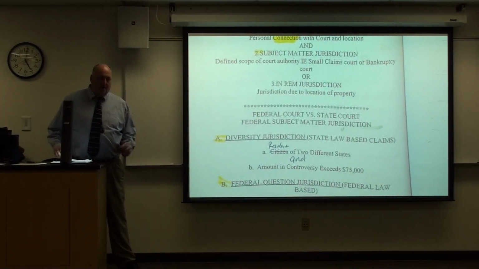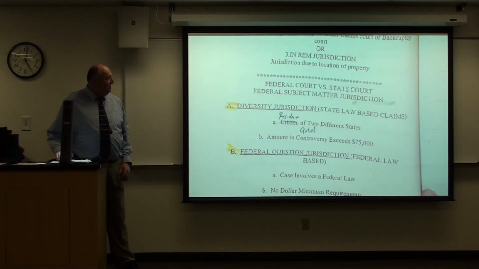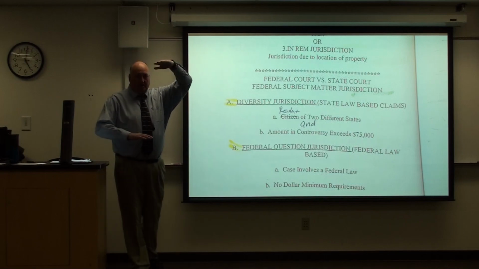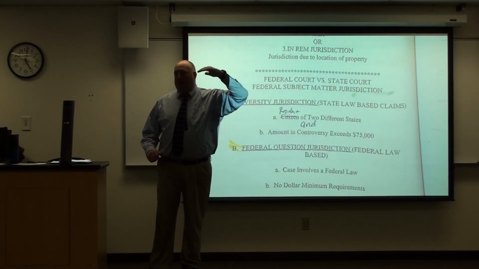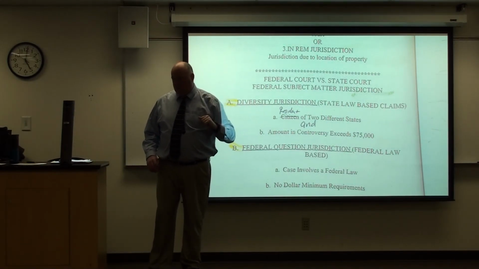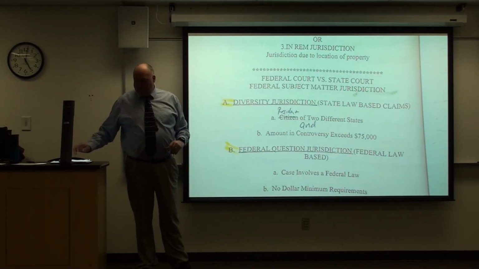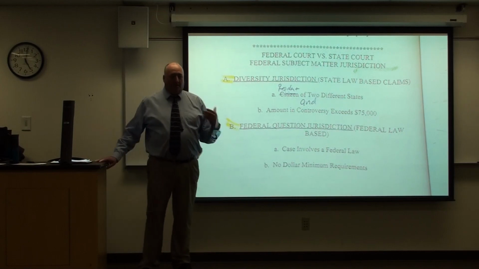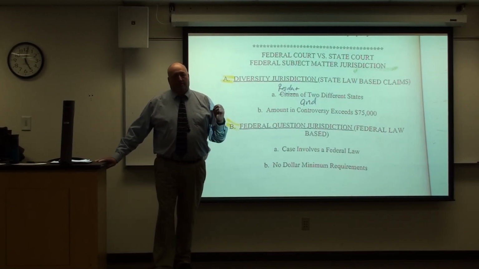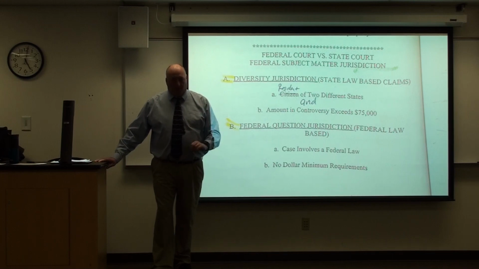All right, now it's going to get more complex. Remember, we have federal and state. So now the question is federal court. If you want to go to federal court, it's harder to get in. To begin with, there are far more state courts than there are federal courts.